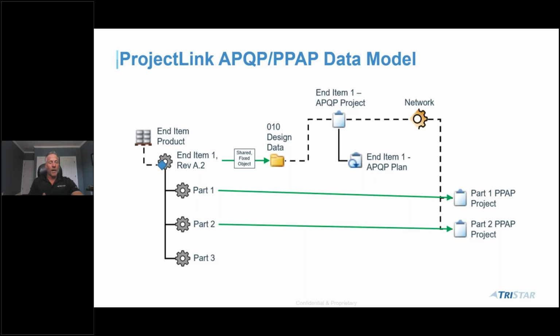Whether you're preparing that quality validation or executing it, you'll be able to see where you are. And the combination of this, along with your change management and the maturing of your end items and your WT parts, lets you get a true representation of how mature your parts and products really are.